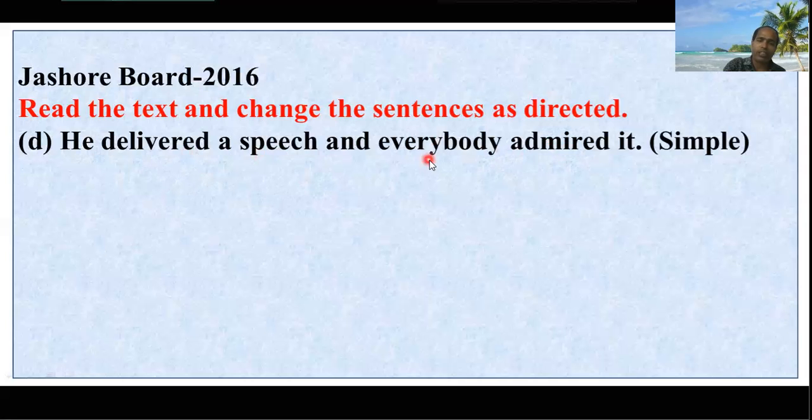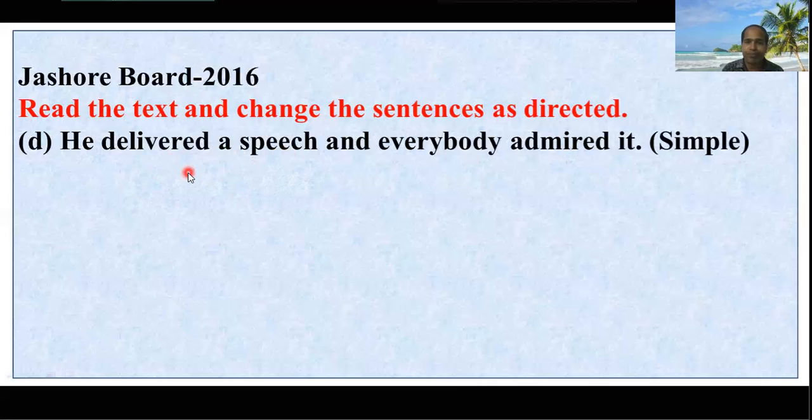If you find this structure in a sentence, subject, verb, and another subject, principal verb, and the clauses are joined with "and", then while changing into simple, you have to use "after" plus "the" plus noun plus "of" plus possessive plus noun.